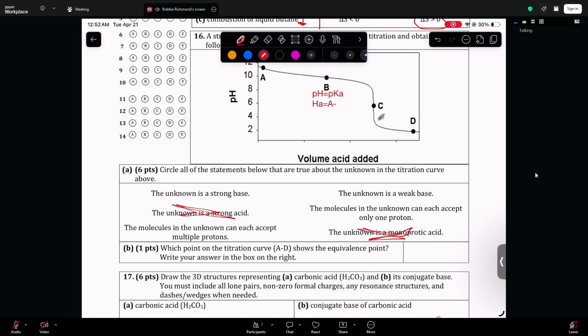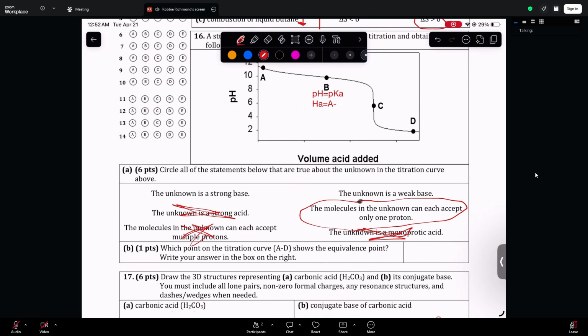Then, based off of only one equivalence point, we know this isn't a monoprotic base, because that's not a thing that we talked about, but it is a base that can only accept one proton, not multiple protons. So this statement is true.